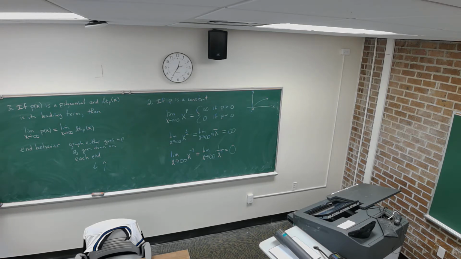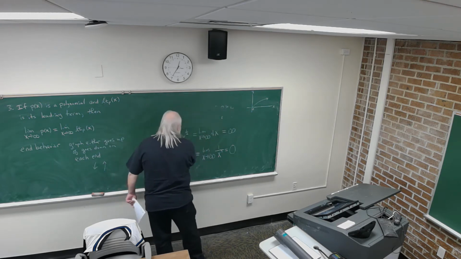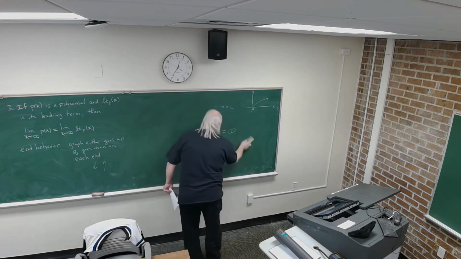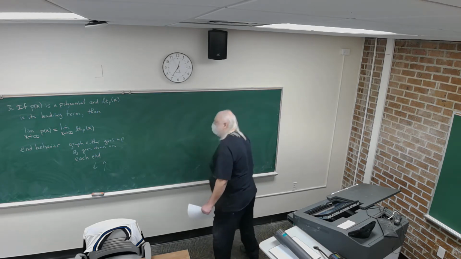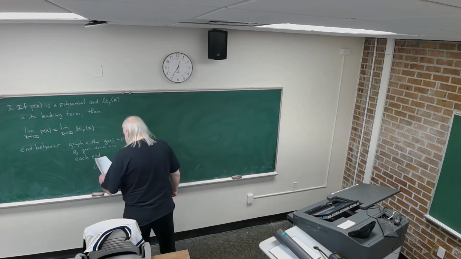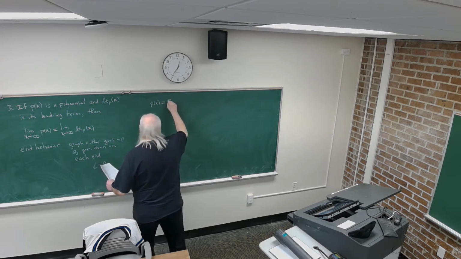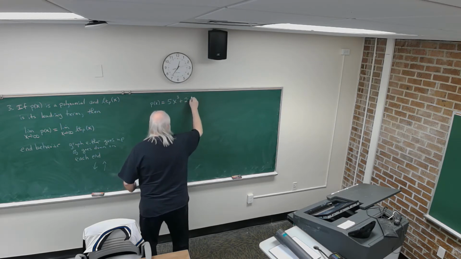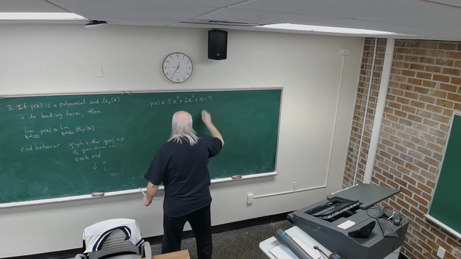So let's do an example. Let's say we have P of X is equal to the polynomial 5x cubed plus 2x squared plus x minus 7.